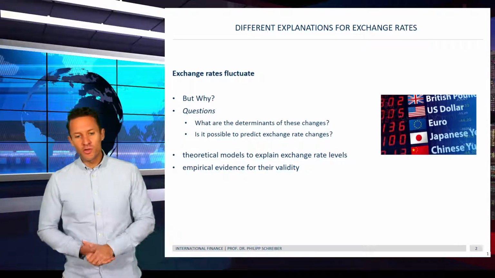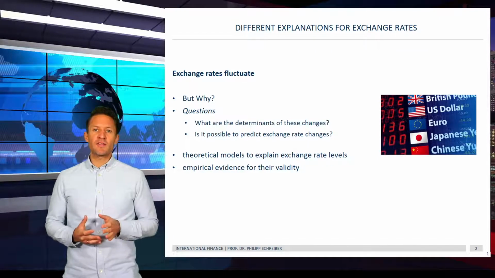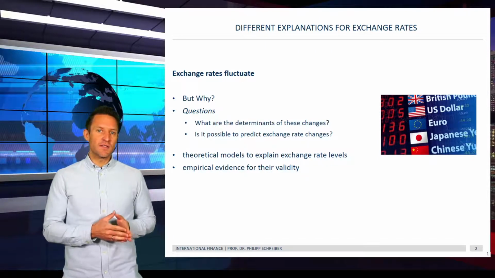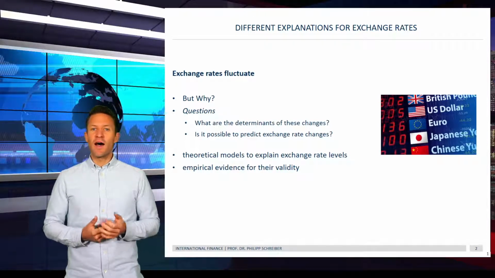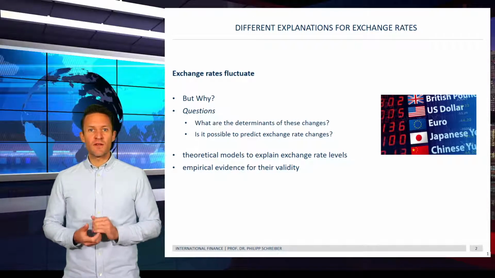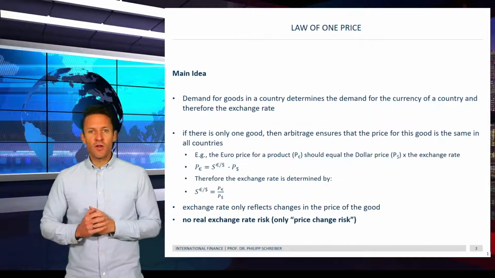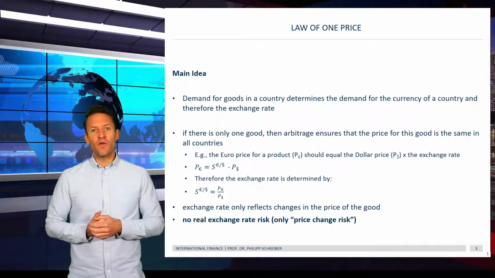So what we are going to do is we look at theoretical models that try to explain exchange rate levels and changes. And then we test these models, or we look at tests of those models empirically. Are those models actually able to predict changes and fluctuations in exchange rates? So the first model, you might have heard of this in an economics class, is called law of one price.